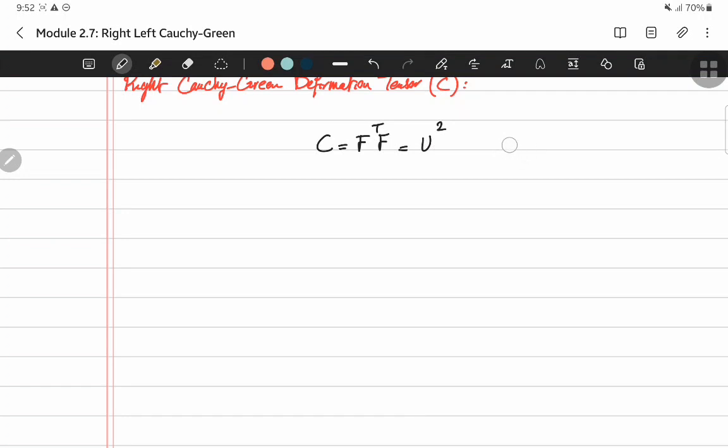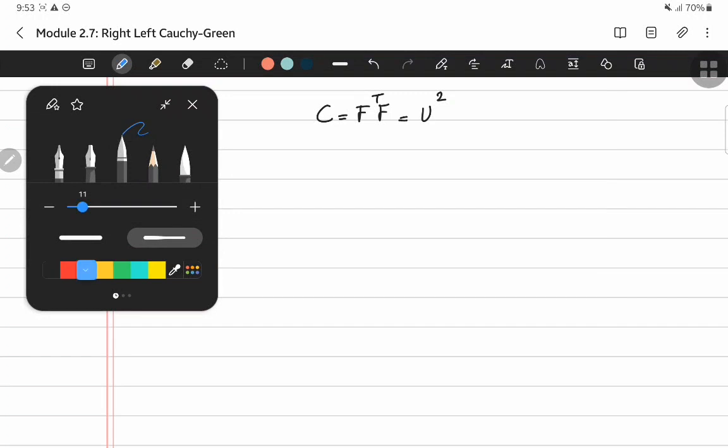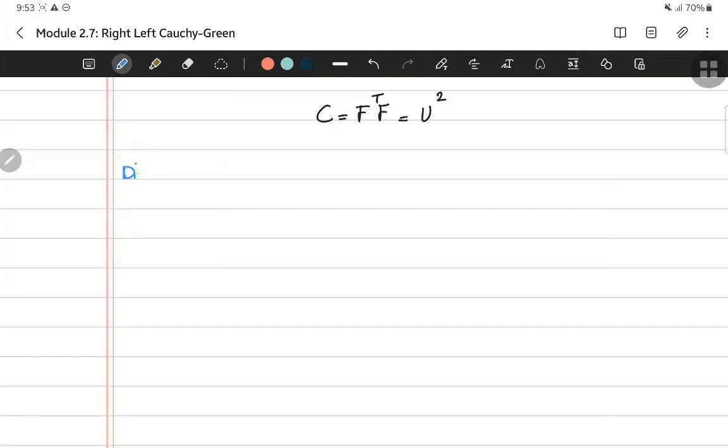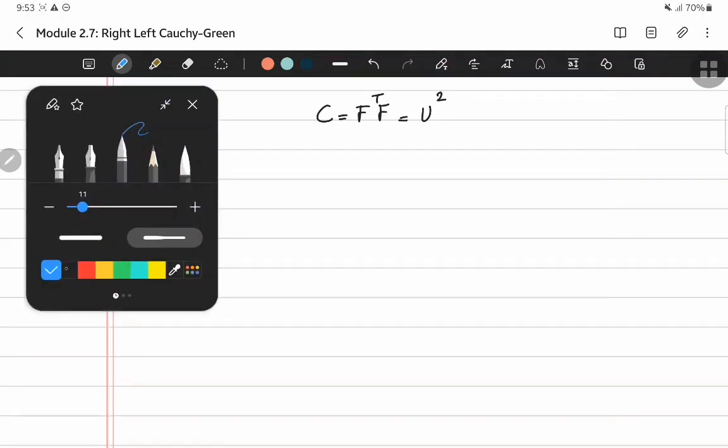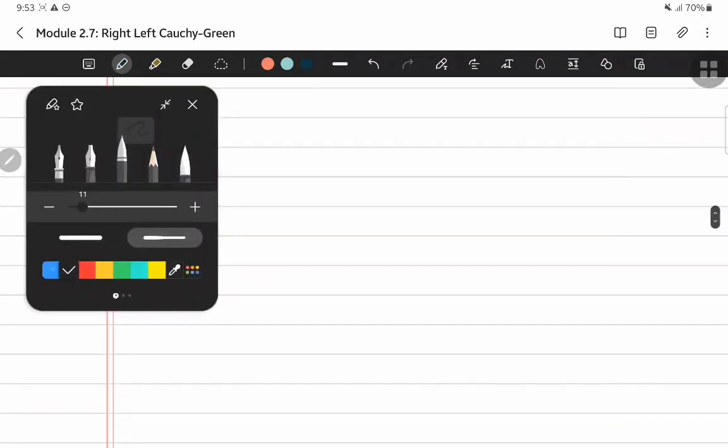It is totally obvious. So in order to find diagonals and off-diagonal terms of this deformation tensor C, we're going to develop some kind of relations in here.